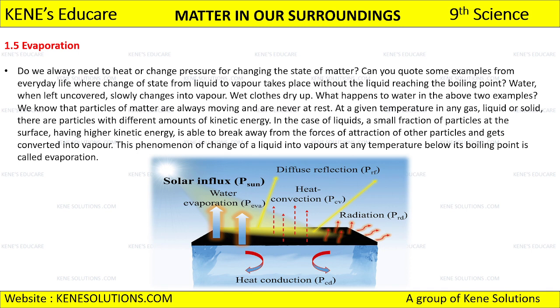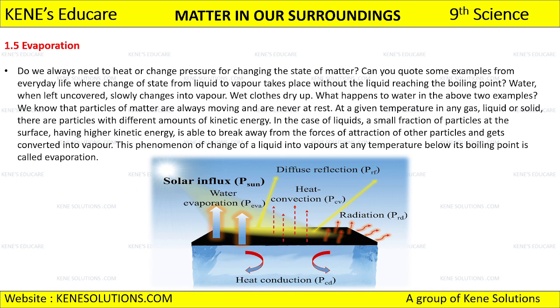So this phenomenon of change of liquid into vapor at any temperature below its boiling point is called evaporation. What is evaporation? Change of liquid into vapor at any temperature below its boiling point. If the liquid is heated to its boiling temperature, then it is very obvious that vapors will be produced.